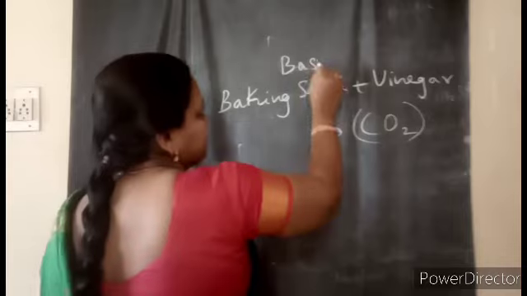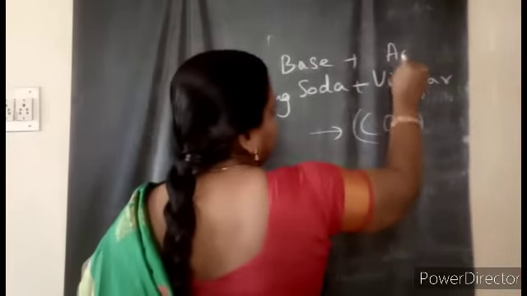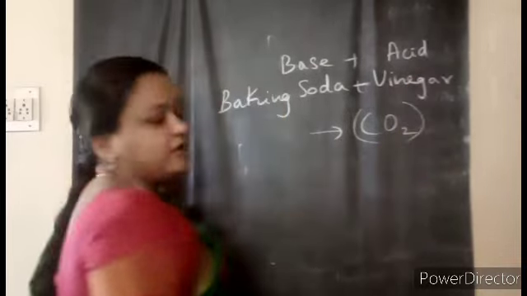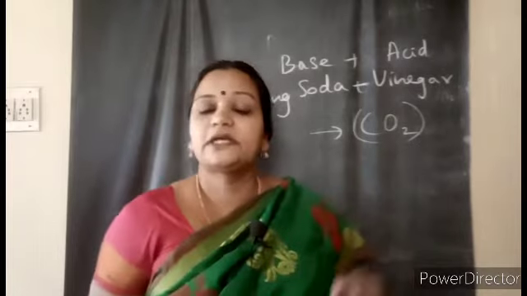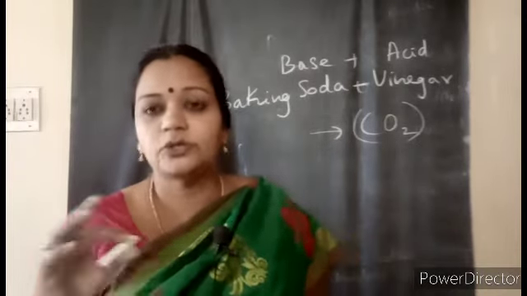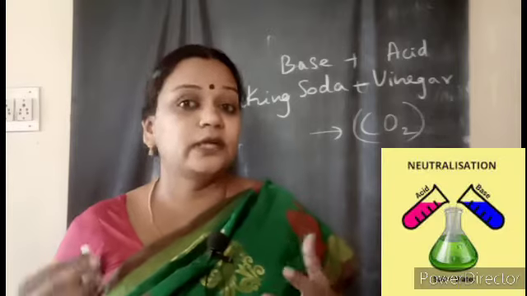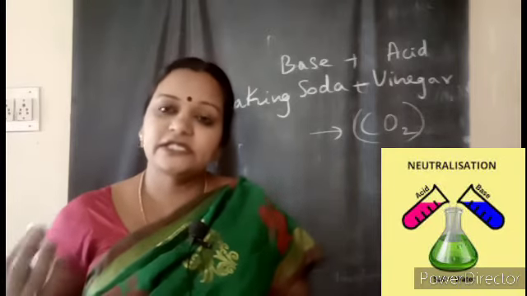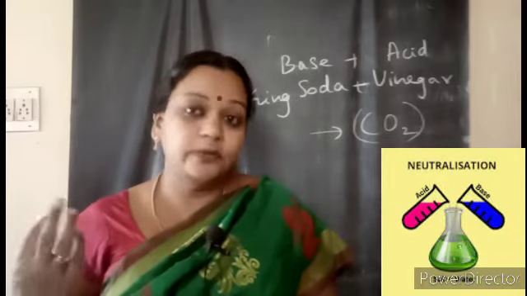So now, when a base is added to an acid, you will be surprised, a salt will be formed. Just now I said salts are another group of substances. They may be acidic, basic, or neutral also.